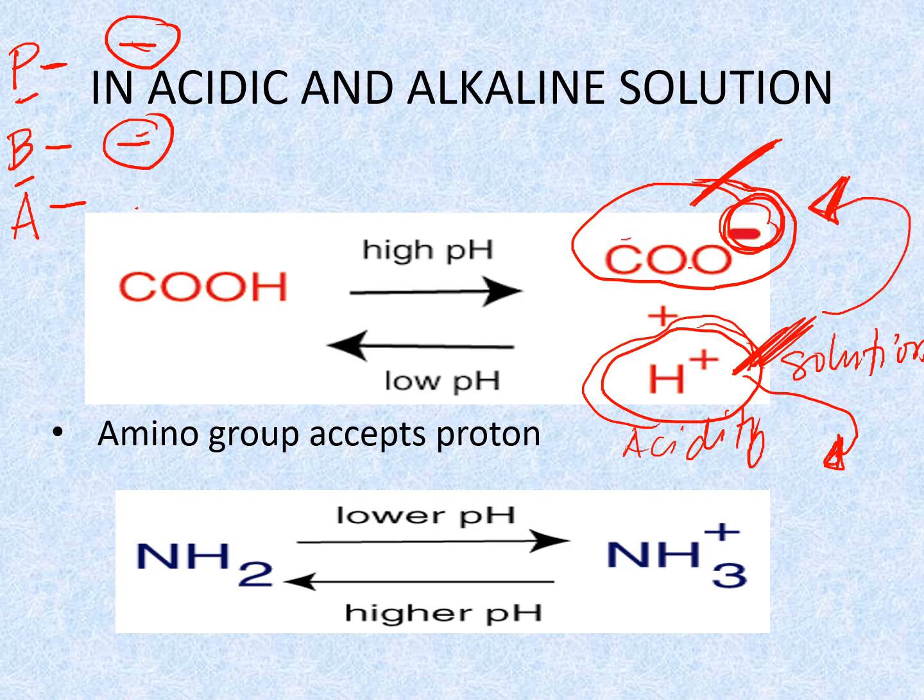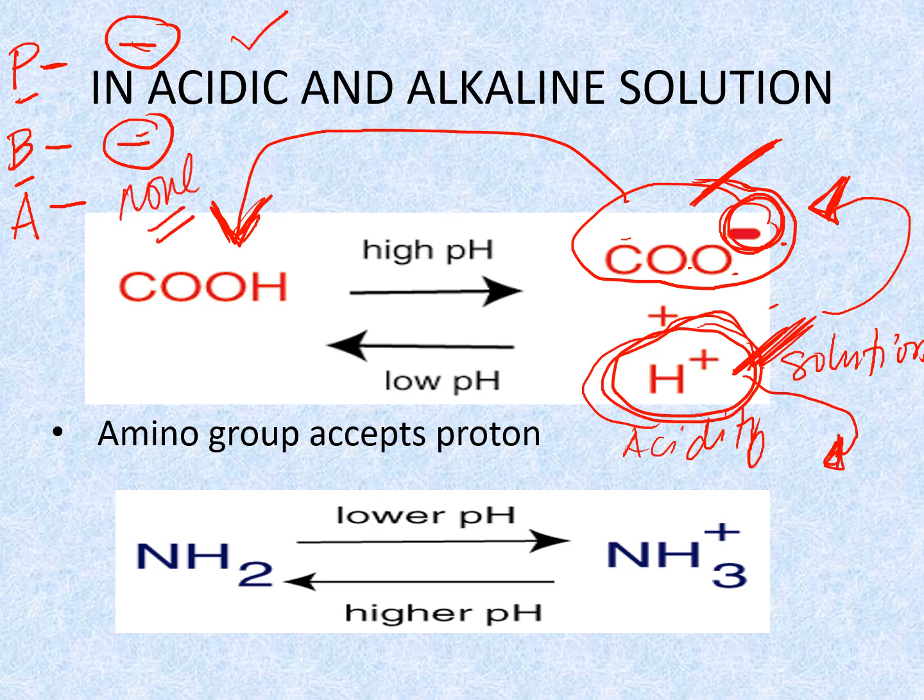So C double bond O negative plus the proton H plus from the solution, we will now have the C double bond O OH. So in this sense, if your carboxyl group is in acidic solution, it will never have a charge to carry. Right? None. No charge at all.